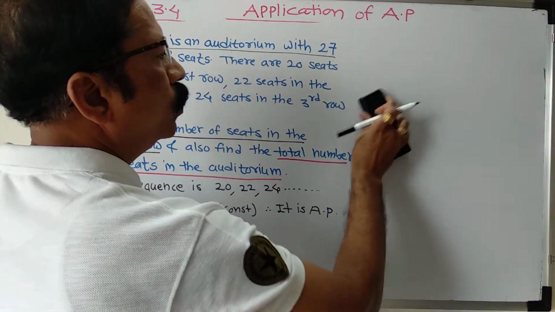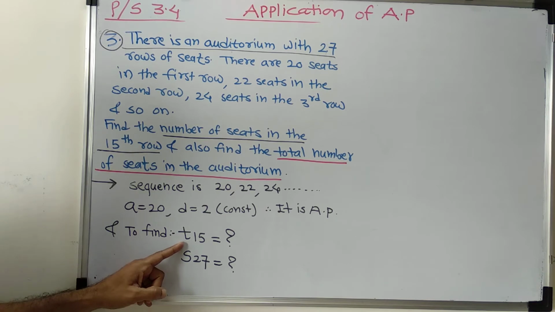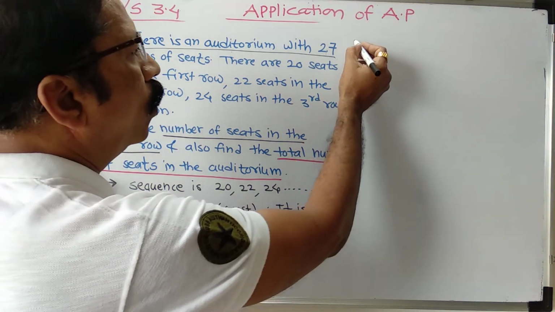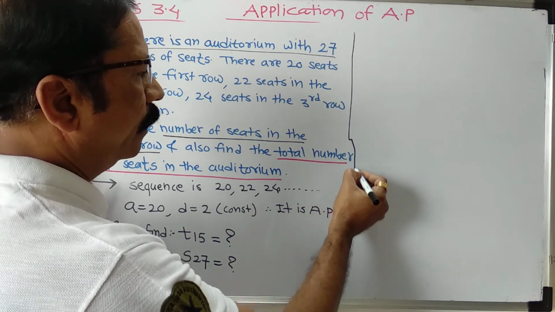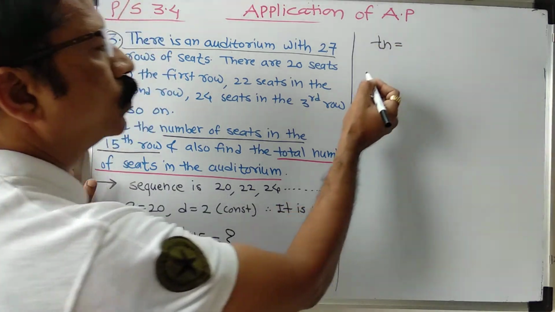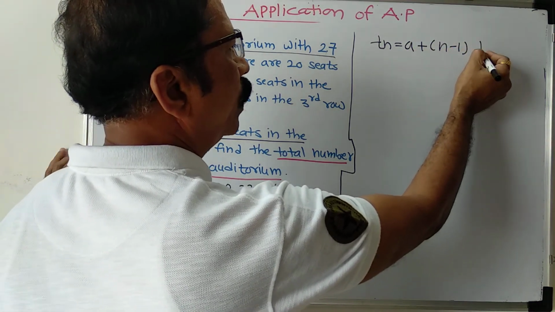So all of you understood what is given and what you have to find. So we use the formula. First they ask T15, the number of chairs in the 15th row. So use the formula of Tn. See, Tn is equal to a plus n minus 1 into d.